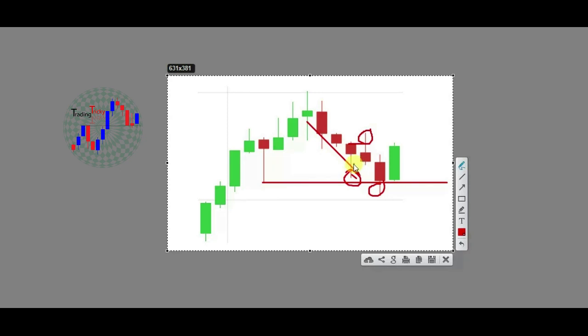Every time the candle makes a new low, that's the natural thing. Okay, see this is an uptrend, so every time we can expect a new high, that's the natural thing. But during a downtrend, if this candle crosses the previous candle, we call it a new high, and as soon as the candle closes at the level with rejection, we can see strong buyer's entry, and this is a new high.